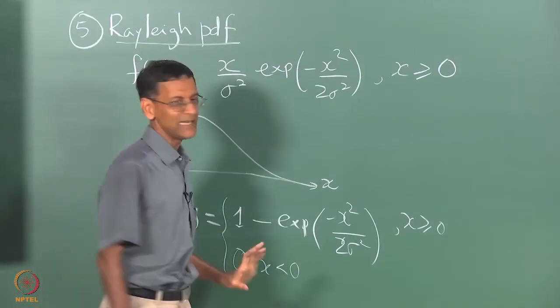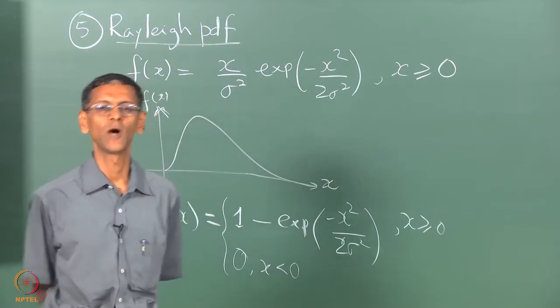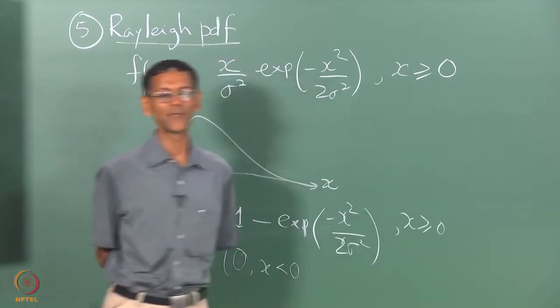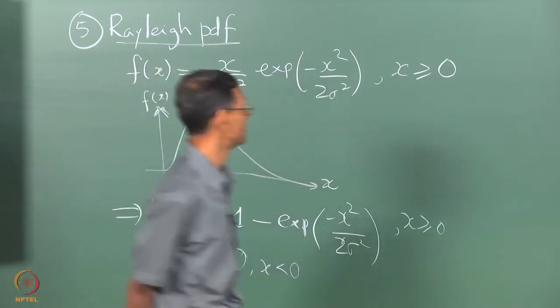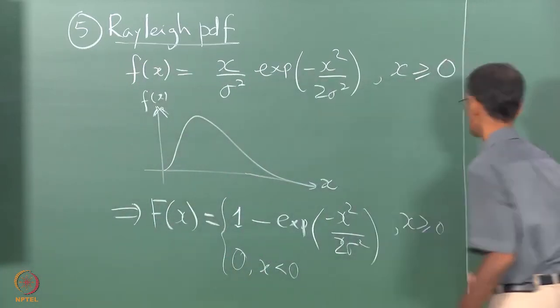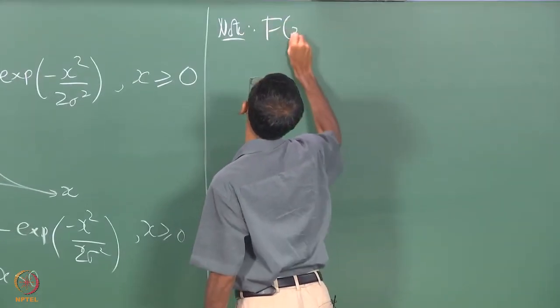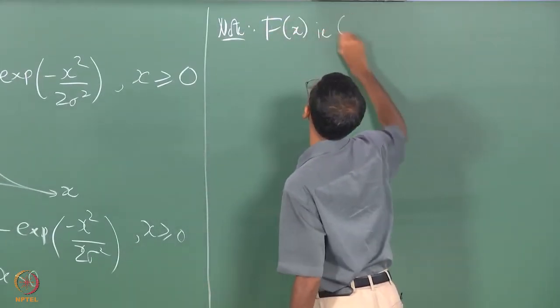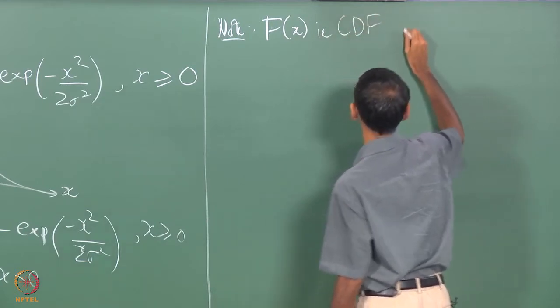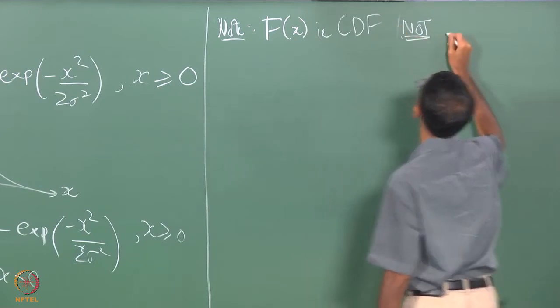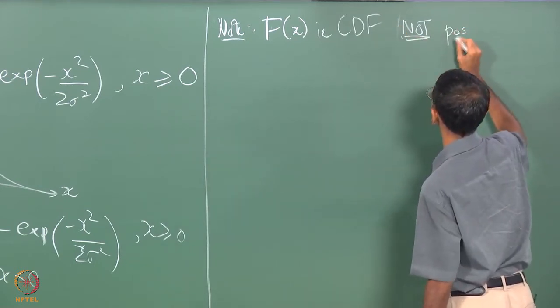Now, there is one item I skipped over. Can we write a capital F of x for the Gaussian PDF in closed form? Answer is no. Note, it is not possible in closed form.